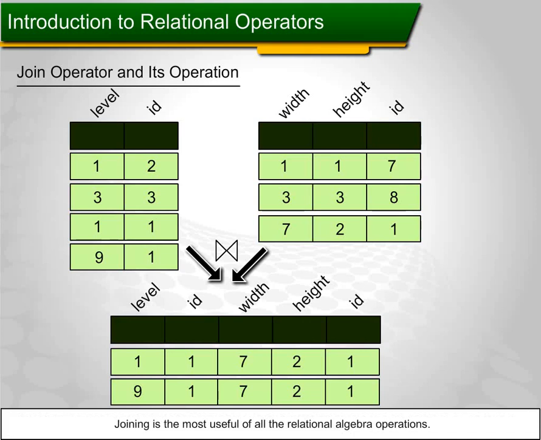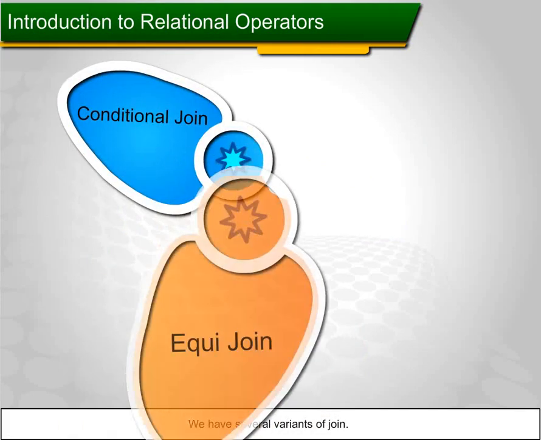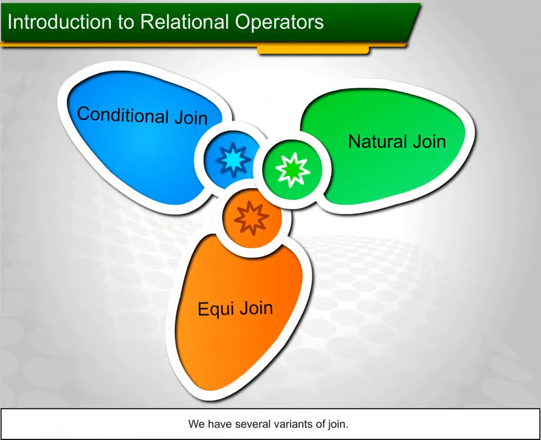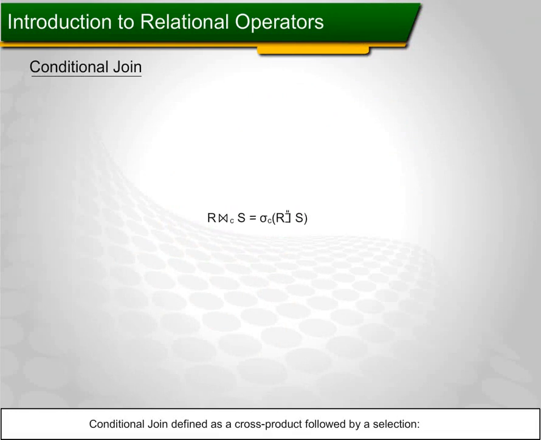Joining is the most useful of all the relational algebra operations. We have several variants of join. Conditional join. Conditional join is defined as a cross product followed by a selection.